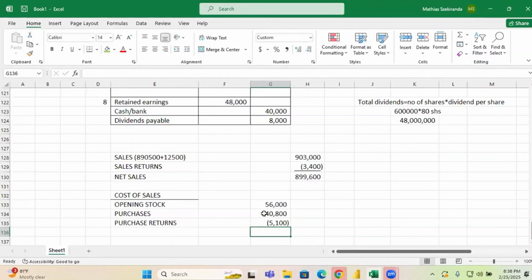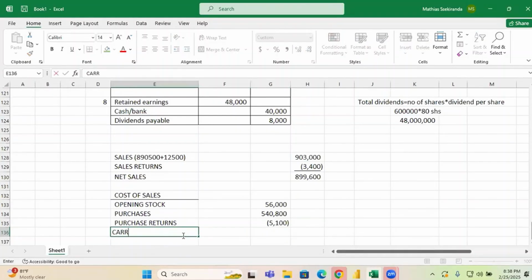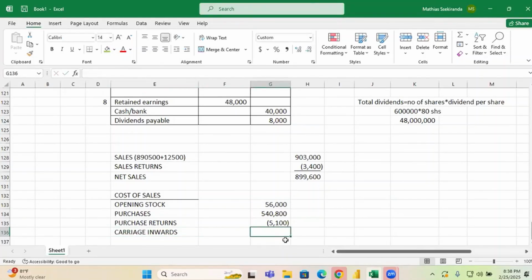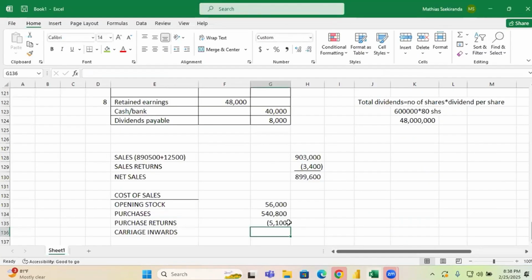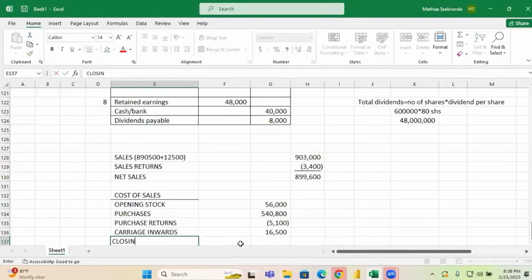And numbers will come like this. Okay, so we have carriage inwards. I've seen it. Transport in is carriage inwards, 16,500. Then we have closing stock.